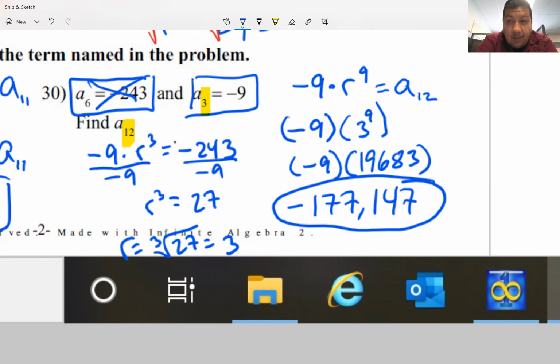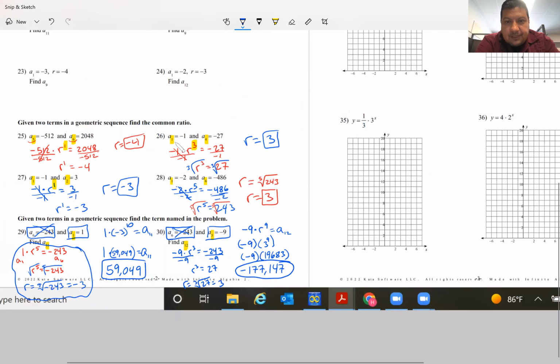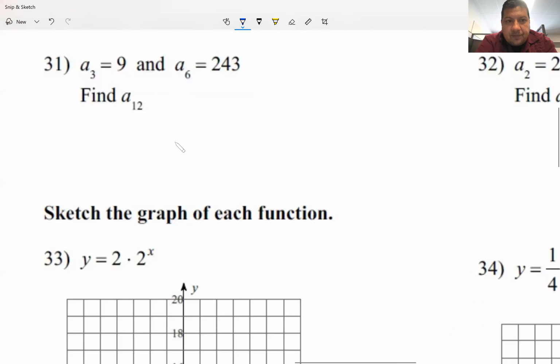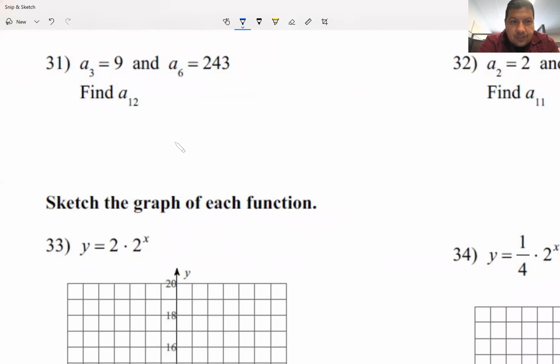Let me take a look at a couple more questions. Let me flip our page. Let's take a look at question number 31. I'm going to find our ratio first. And I'm going to go 9 times our ratio to the third power is equal to 243.